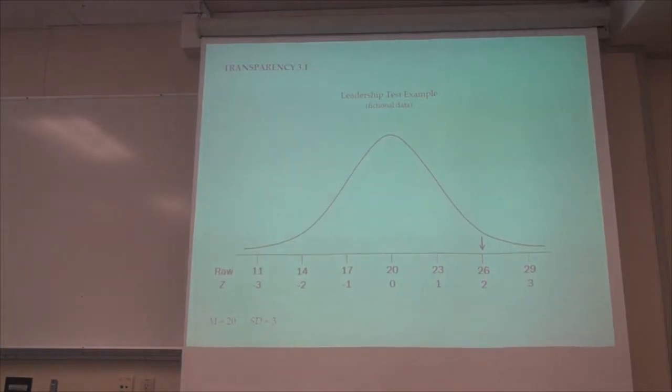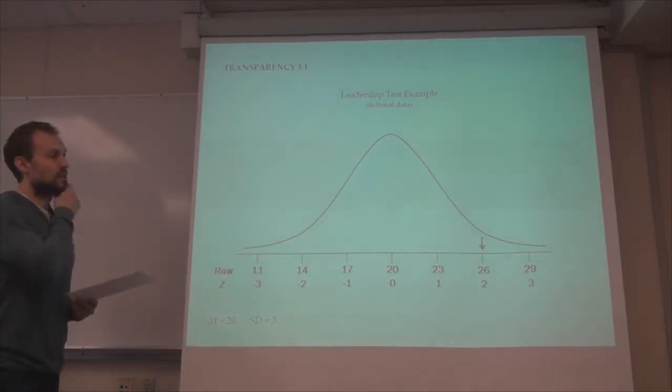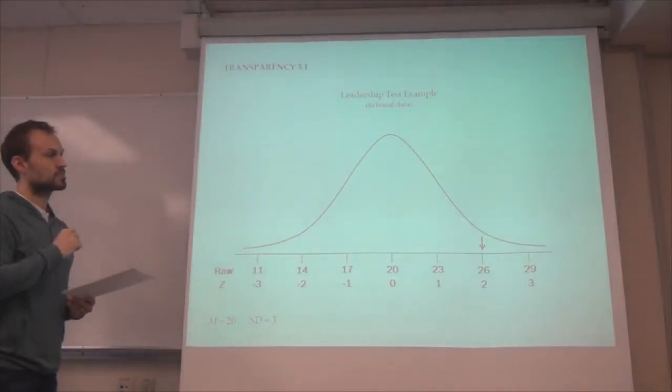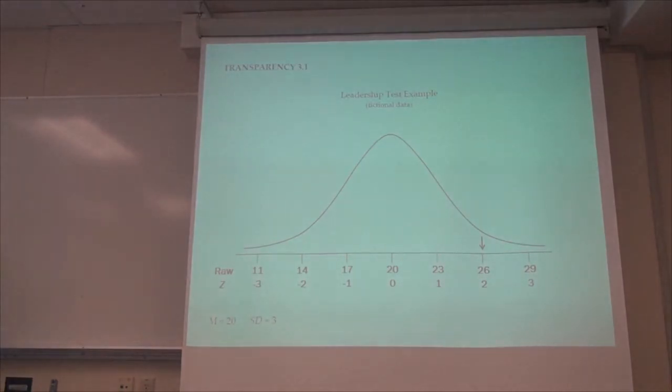Now in this bell-shaped curve, we can say a little bit more about that score. If I know the standard deviation, it can tell me by how much that score differs above or below the mean. So in this introduction example, I can see the standard deviation as a sort of unit of measurement.